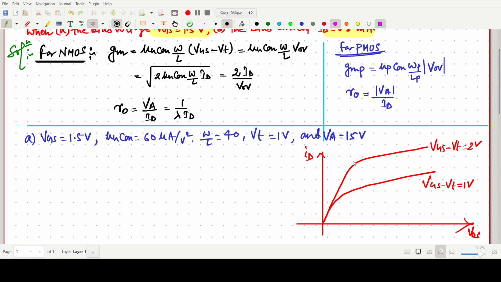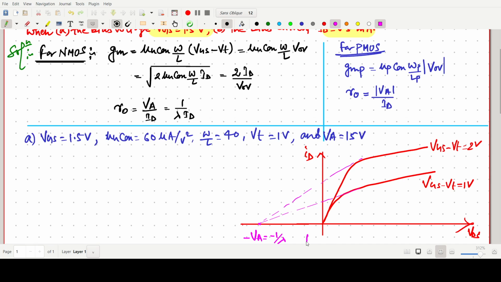If we extend, extrapolate these curves, they will come and meet. This point is our VA, and we can write it as minus VA.